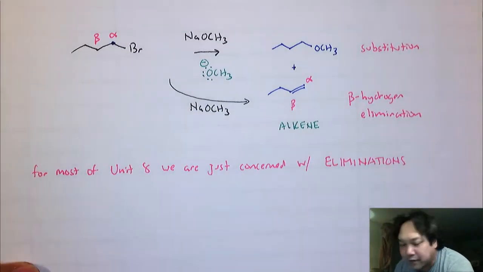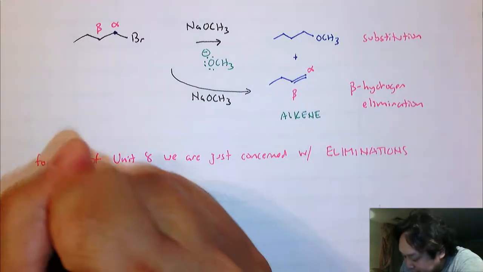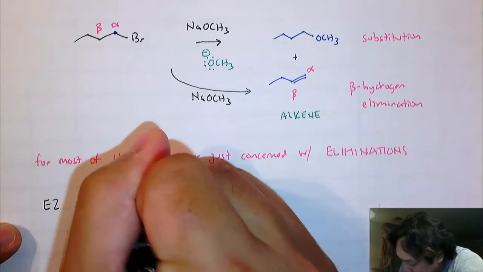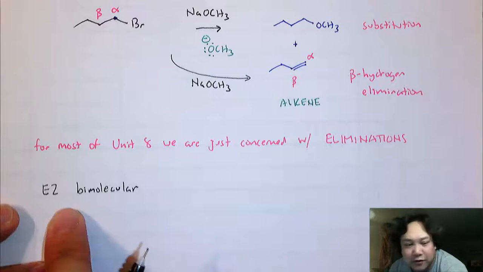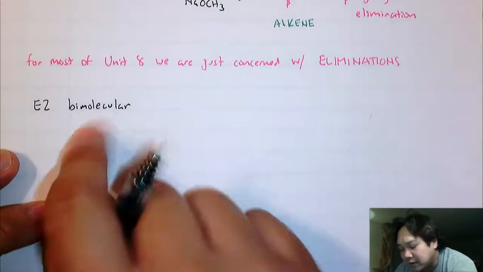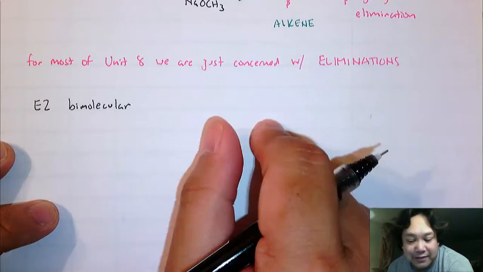Let's look at the bimolecular pathway. The bimolecular pathway is called E2. And do you remember what happened with SN2? With SN2, the leaving group left at the same time the nucleophile attacked.